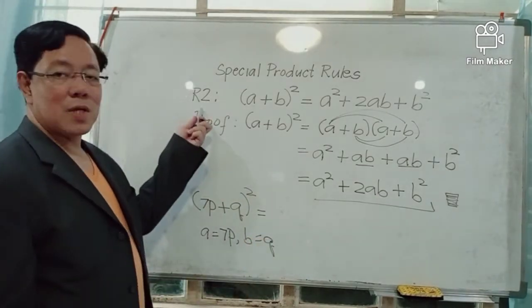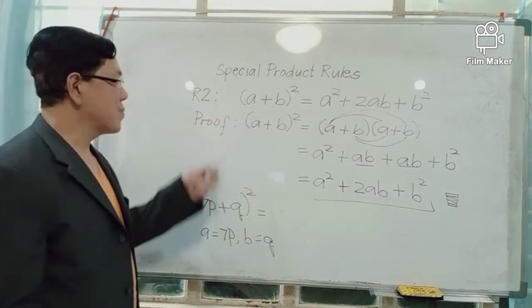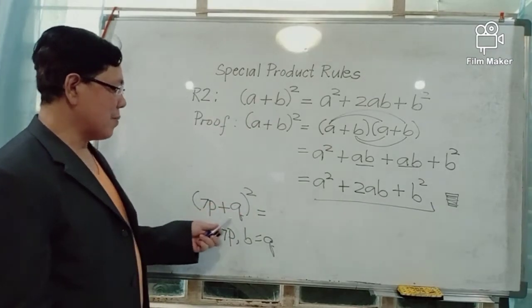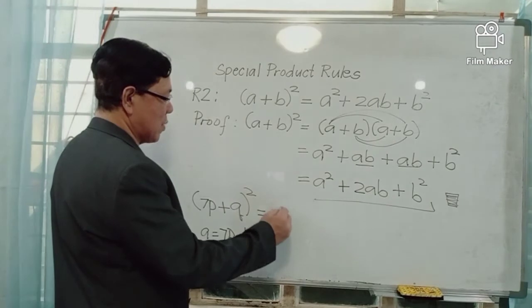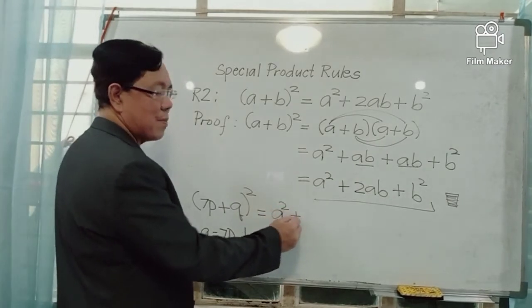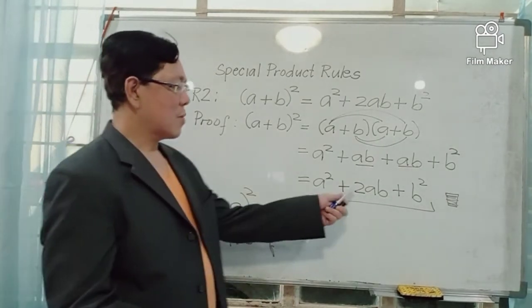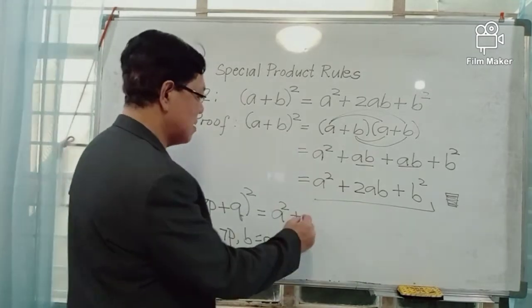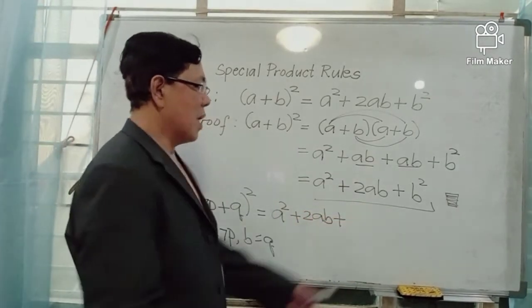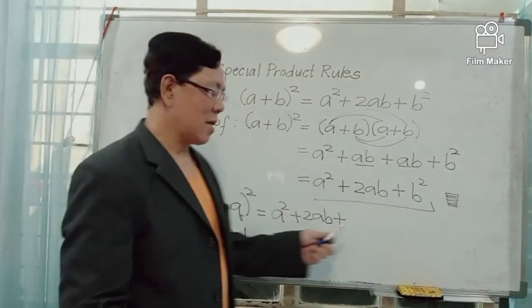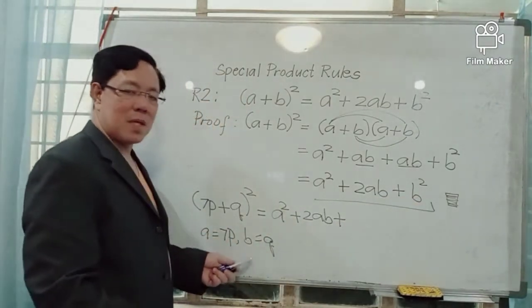And according to the second special product rule, the square of 7p plus q using a and b is equal to the square of a plus twice the product of ab plus the square of the second term, b.